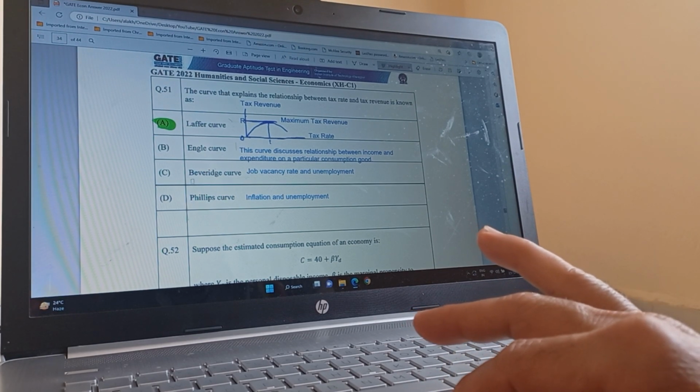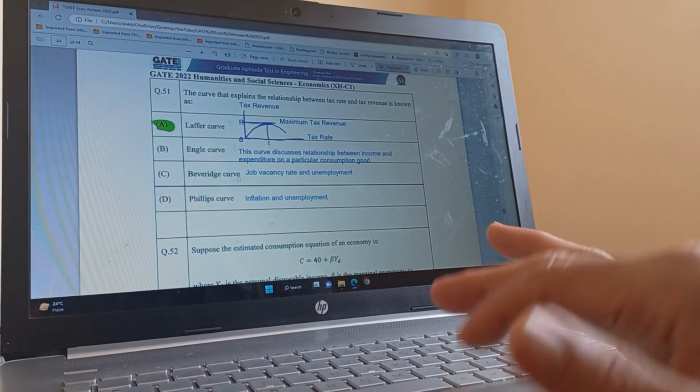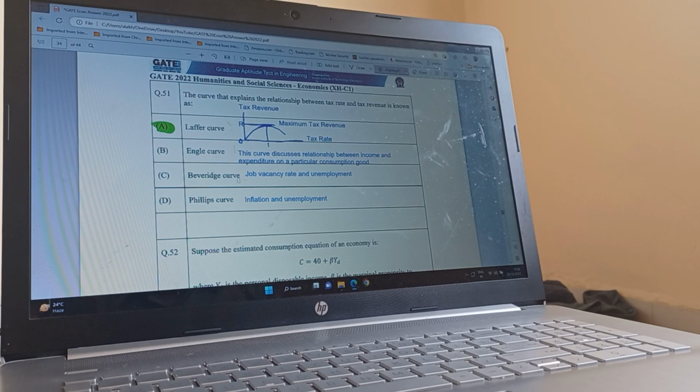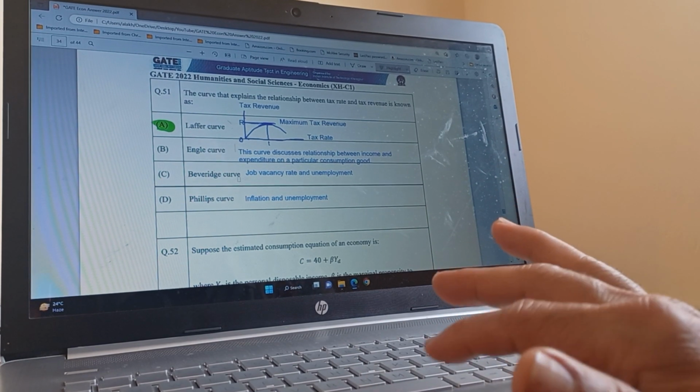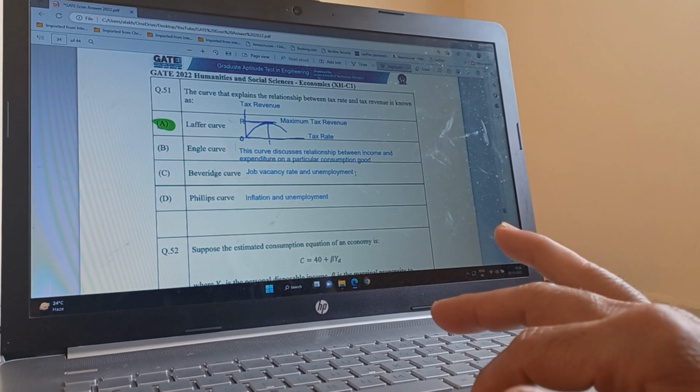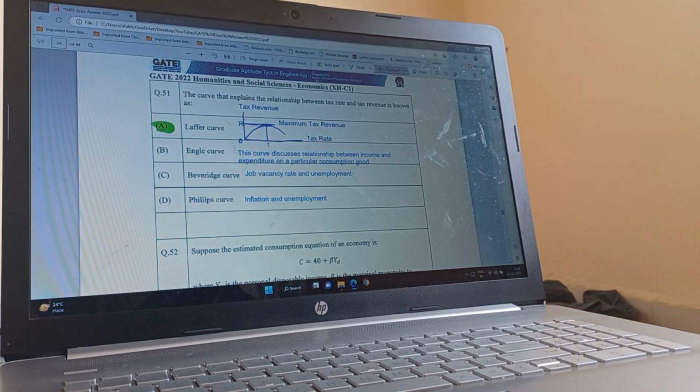And the next curve is the Beveridge curve. This talks about the job vacancy rate and unemployment. So it is not always equal, job vacancy rate and unemployment. It is possible that there will be more vacant jobs and unemployment will be high when the government has generous unemployment insurance.